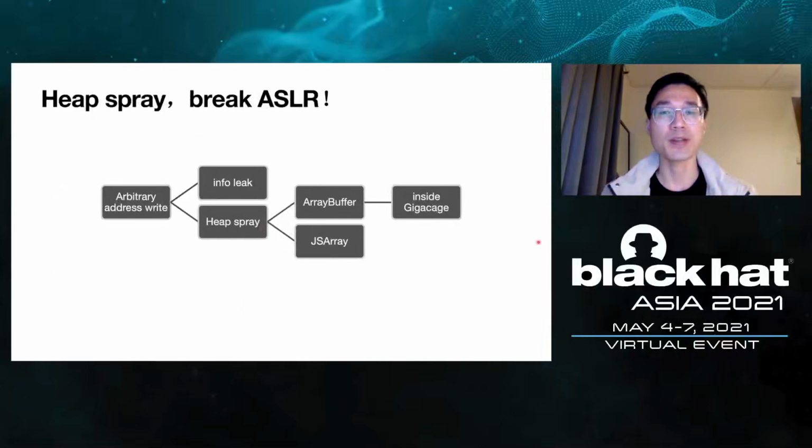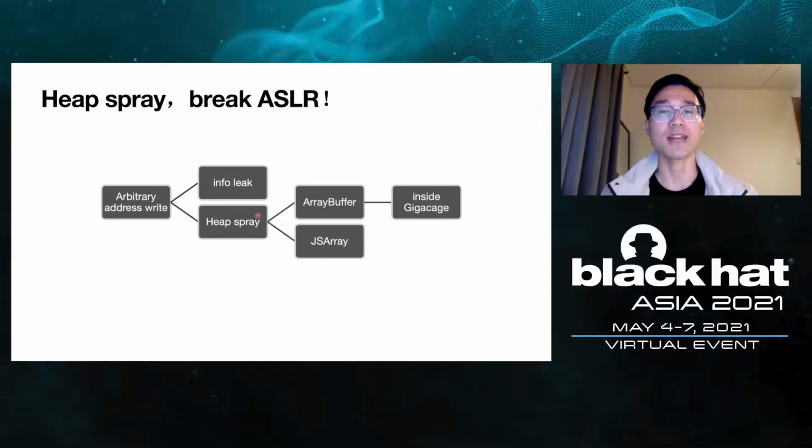Usually, even with the ability to write arbitrary address, if the program's ASLR protection is done well, you have to find an info leak bug to exploit the vulnerability. However, there are some problems in the implementation of Safari's heap. We can spray controlled values on a fixed address by heap spray with arbitrary address write.